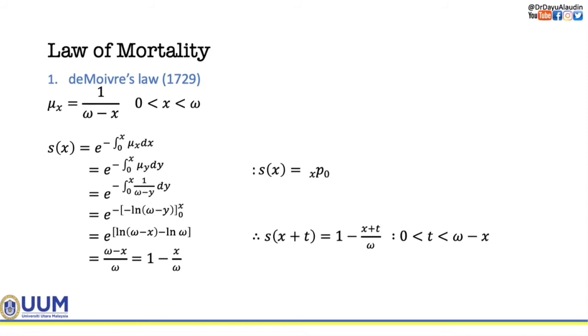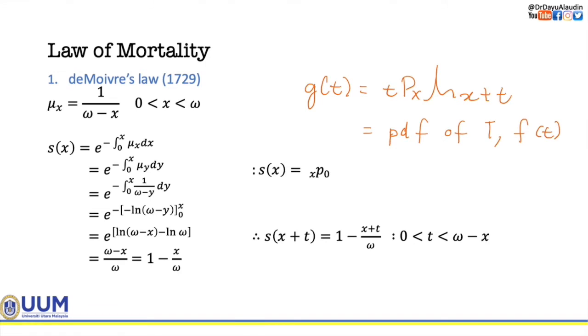Now we look at law of mortality. So in this course, we will cover only two laws of mortality. Law of mortality is for the GT or the TPX mu x plus T. According to de Moivre's law, mu x is equal to 1 over omega minus x, where omega is the latest age.